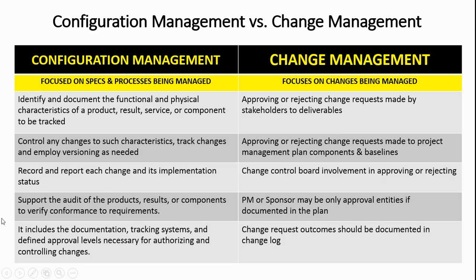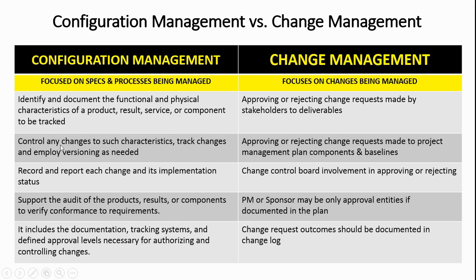So let's take a look here. On the left-hand side, we've got configuration management. It's focused on specs and processes being managed. This is where we identify and document the functional and physical characteristics of a product, result, service, or component to be tracked.